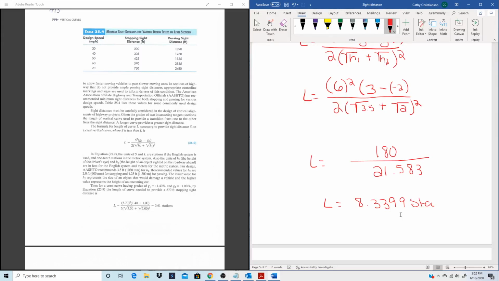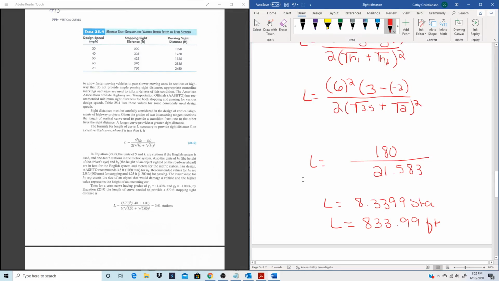If they ask for the answer in feet, you would put L equals 833.99 feet. Alright, so that's the end of doing sight distances.